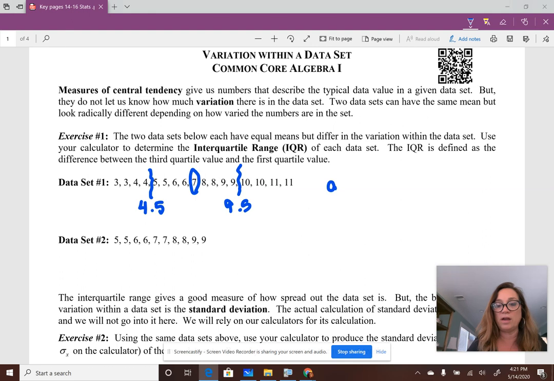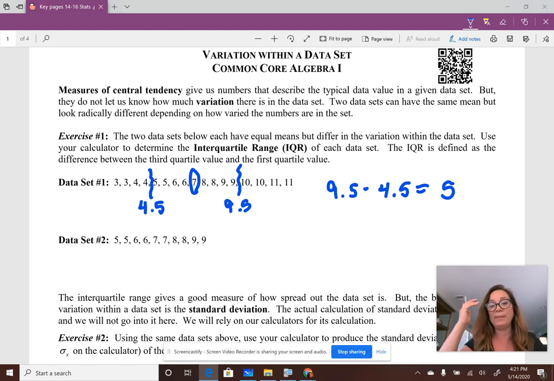To find the IQR, you just do 9.5 minus 4.5, which equals 5. If this had been actual data that had a label, it would be like 5 ducks or whatever it is. The label of the data is the label of the IQR.